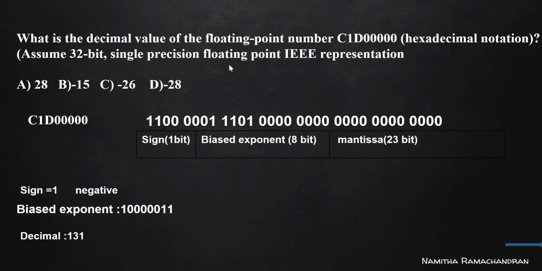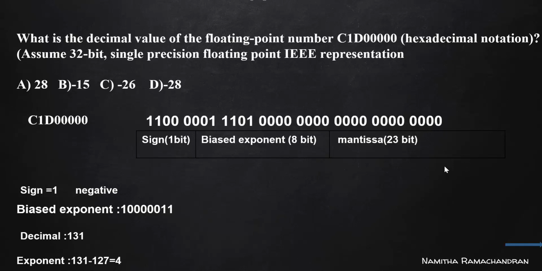This is the single precision representation, and the bias value is 127. To get the actual exponent, simply subtract the bias value 127 from this biased exponent value. That is 131 minus 127, and we get the actual exponent as 4.